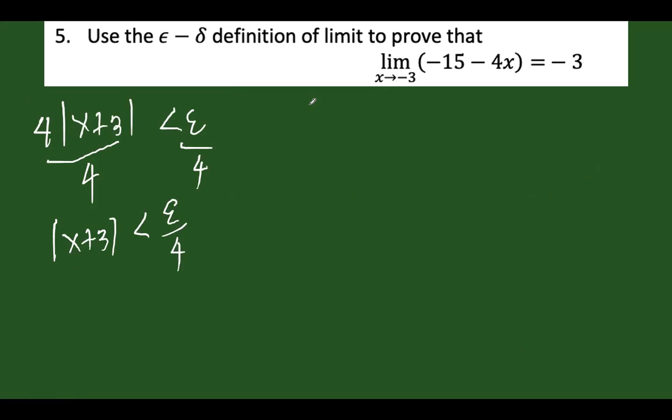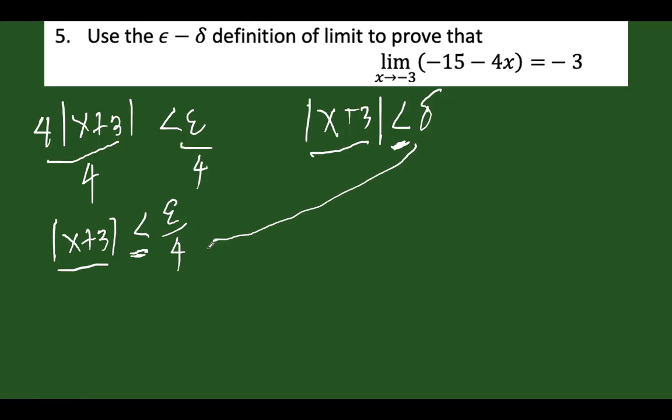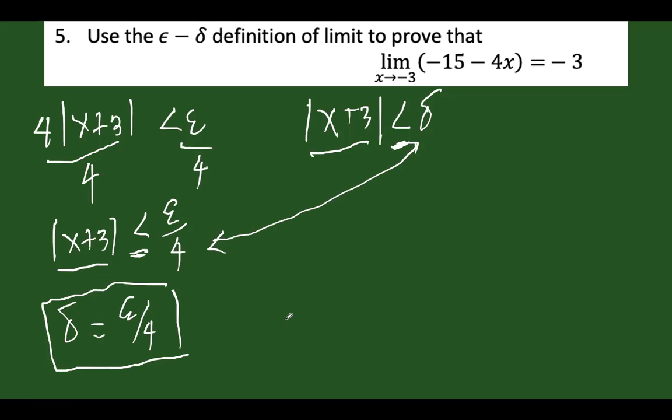Since both left-hand side expressions are equal, and both are less than, by inspection we can say that delta is equal to epsilon over 4. So this is now our value for delta.